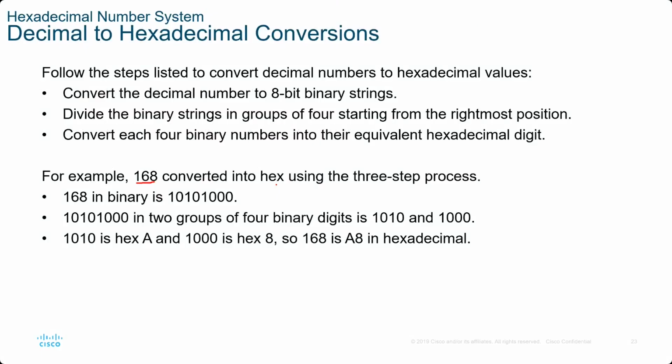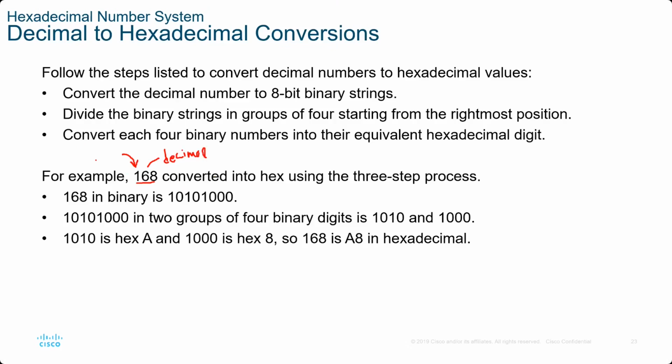So if you have a decimal number like 168, this is a decimal number, okay? So if somebody gives you a number and wants you to do a conversion, it is important for them to also tell you what base or what system this number belongs to, because 168 could also be a hexadecimal number as well.